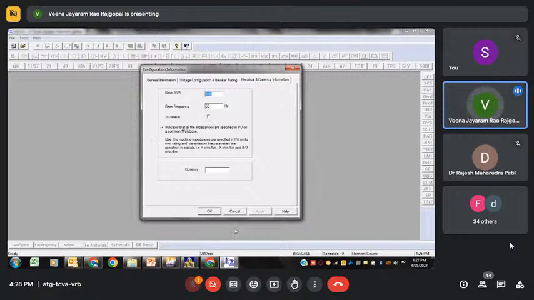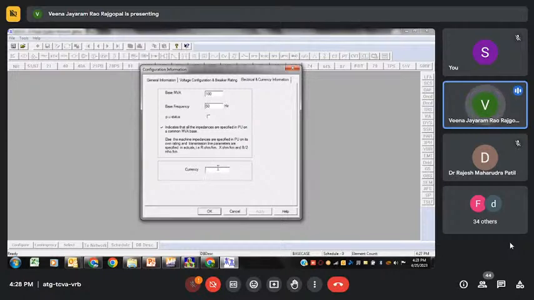and for lines it will be ohms per kilometer per circuit. And if you're doing some financial analysis, like capacitor placement or real power optimization, there will be a currency which is going to come in your report. So what is the currency you want to put? If I'm doing it for an Indian client, I'm going to put rupees. If I don't put anything, it will by default take Rs, rupees.